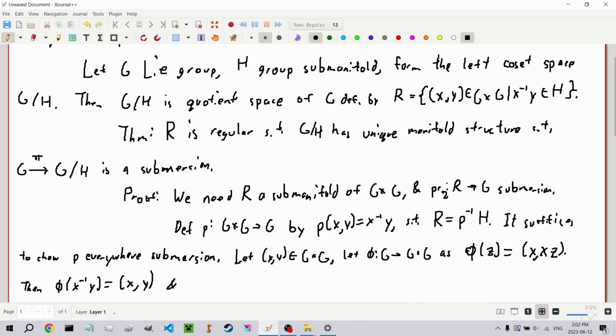And we have that P composed with phi is going to be the identity on G. So P is a submersion.